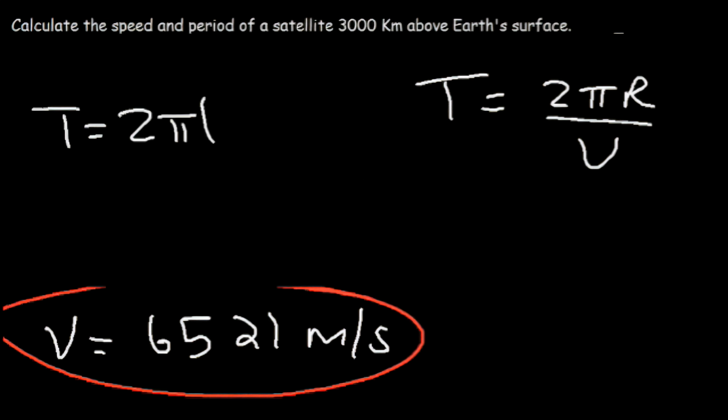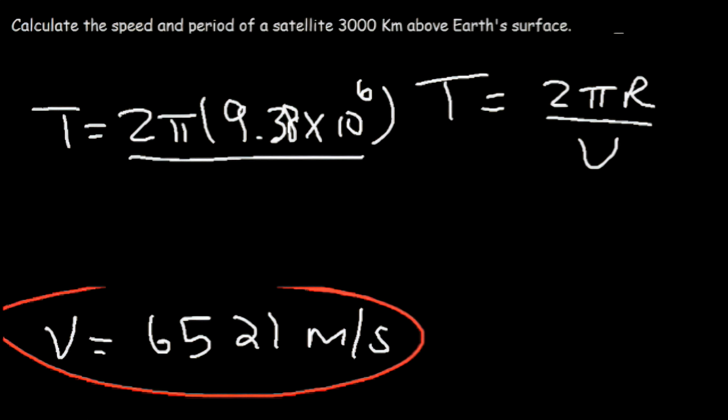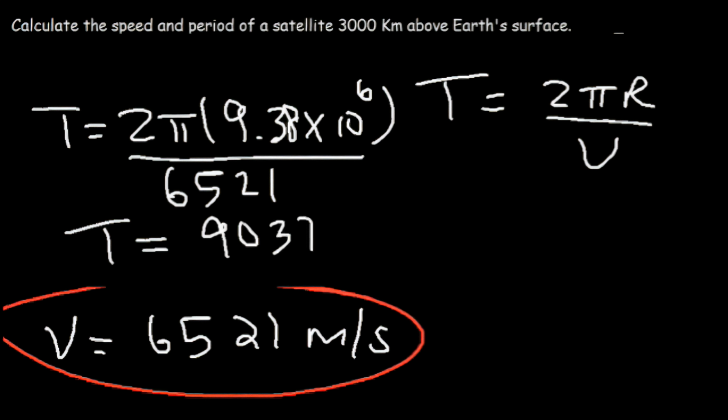So we know what r is. We know it's 9.38 times 10 to the 6. So that's the altitude plus the radius of the Earth divided by the speed of the satellite, which is 6,521 meters per second. So the period of the satellite is 9,037.9 seconds.